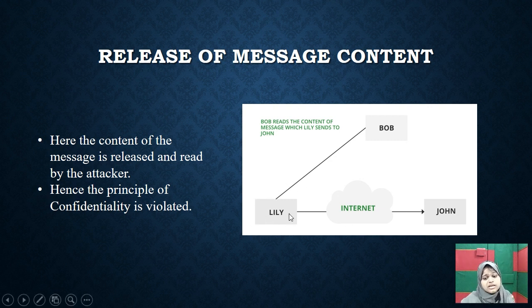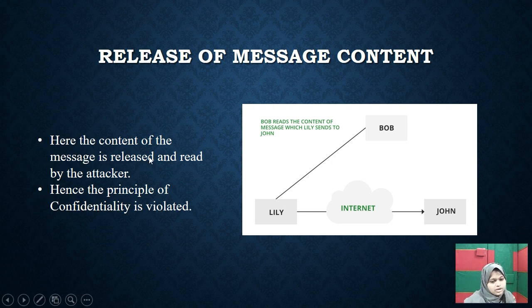But suppose Lily is communicating some important confidential data to John. At that time, Bob, the attacker, is fetching all the messages which Lily is sending to John, accessing and reading those messages. So this is the passive attack.